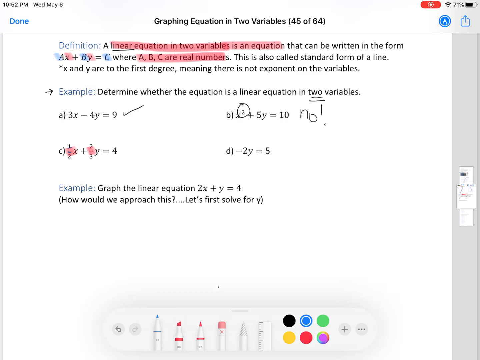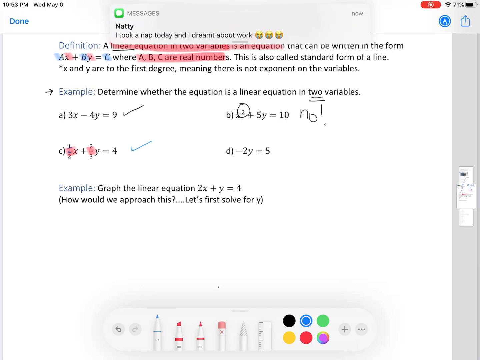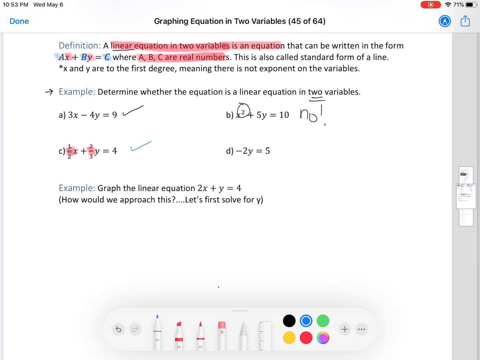So that one checks off. That one is. Now D, negative 2y minus 5. This gives us a line. Now for this one, it so happens that our x has a coefficient of 0, but this one's also a linear equation.